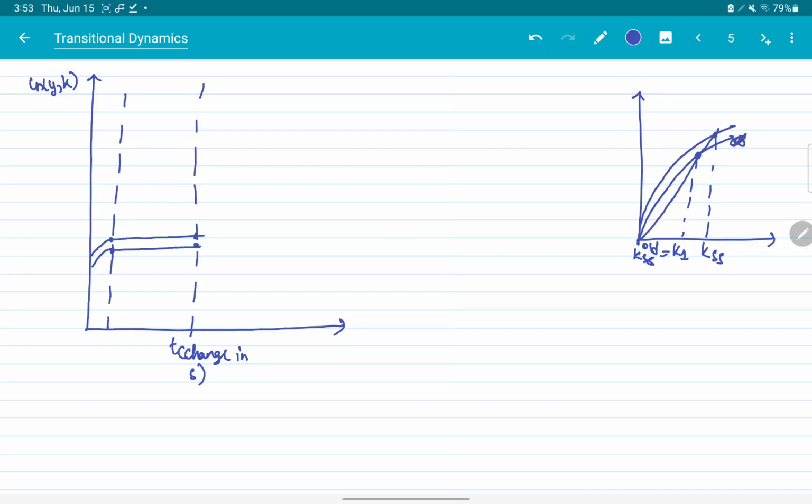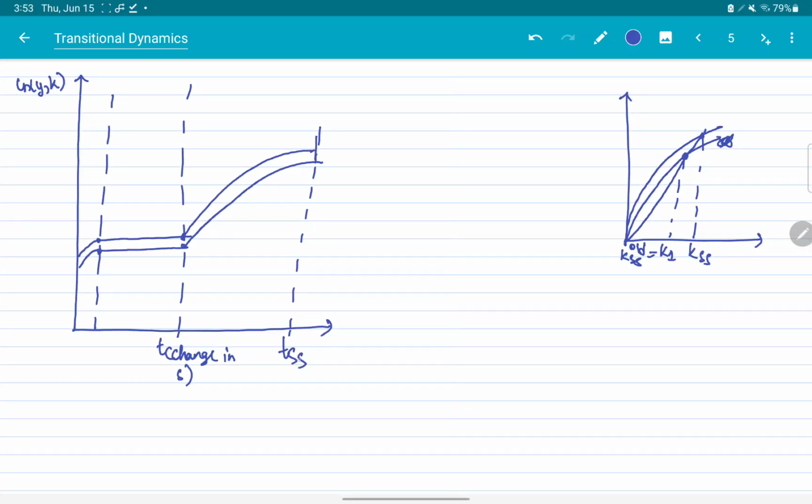So now you're just at a point below and to the left of the new steady state, or for all practical purposes just the steady state of the system you're now in. So you're once again going to get growth until you once again reach the steady state, and again it becomes flat, right?